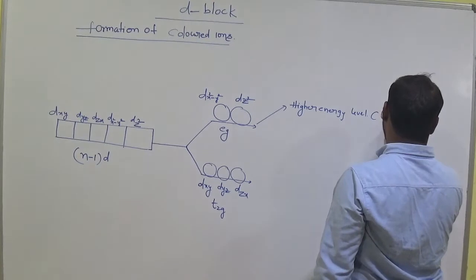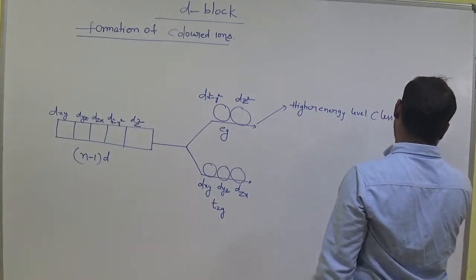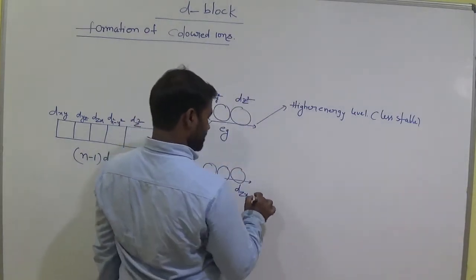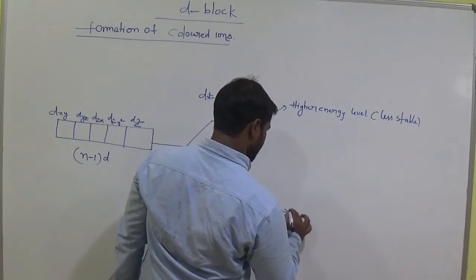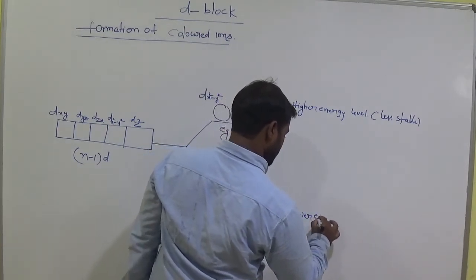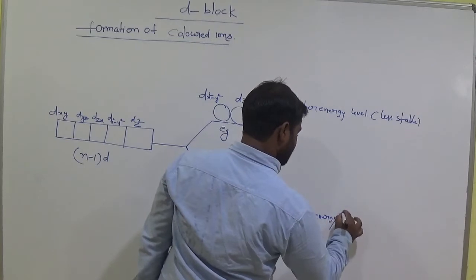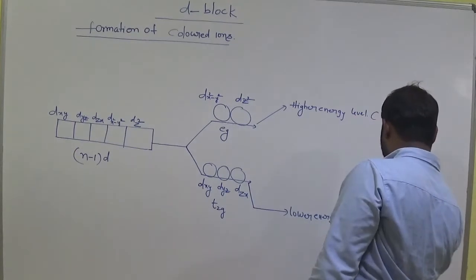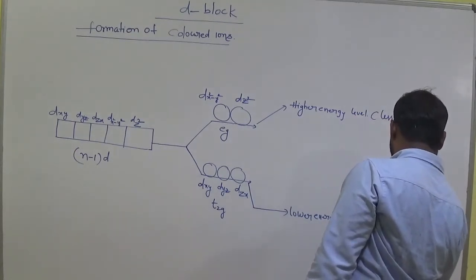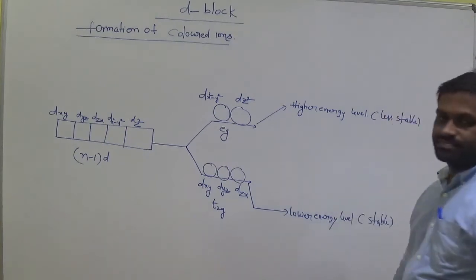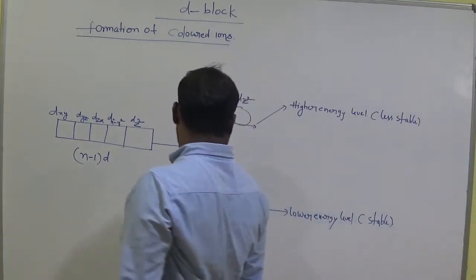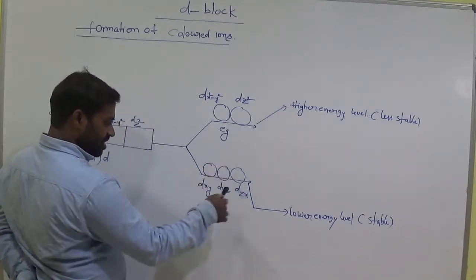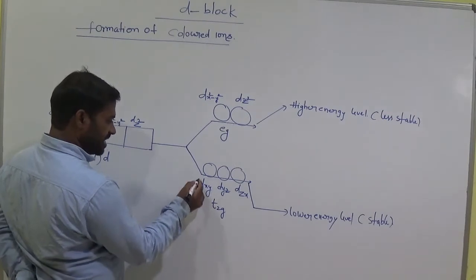Higher energy means less stable, keep it in our mind. The other state is called the lower energy level or ground level, and also this state is the stable state. This is t2g orbitals.